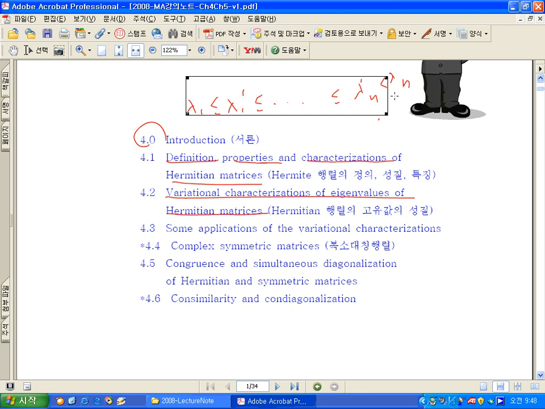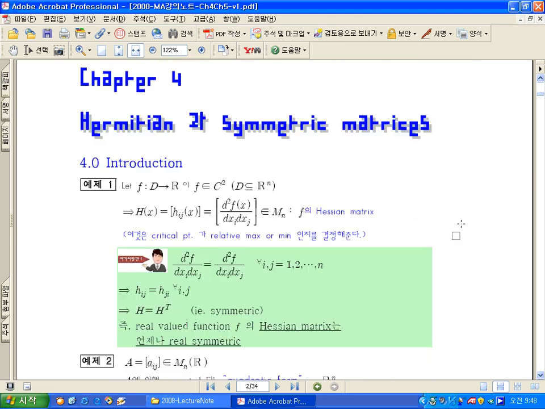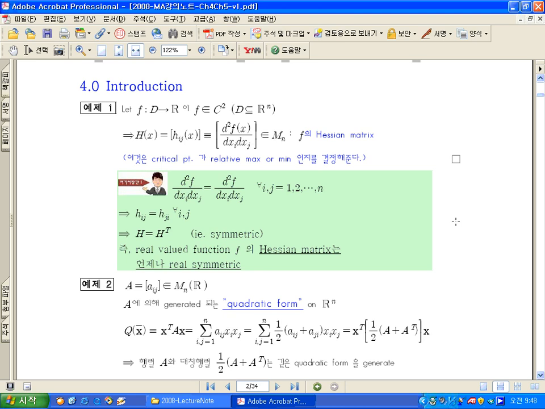And some applications of variational characterization, such as Rayleigh-Ritz, Fisher coefficients, etc.